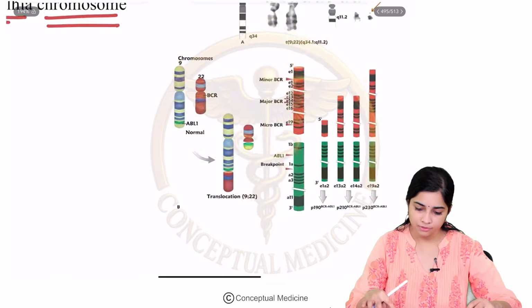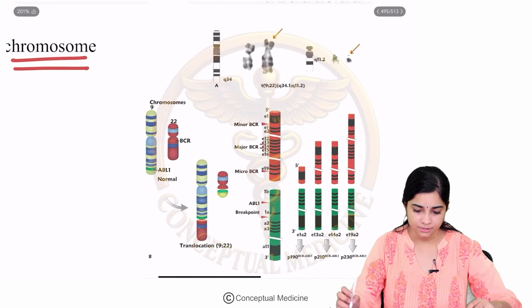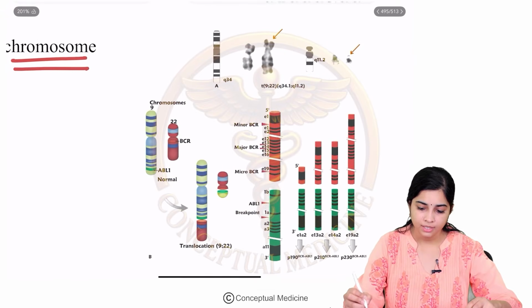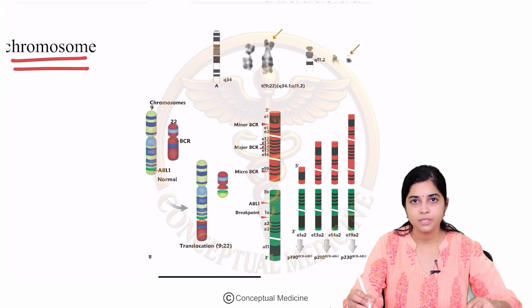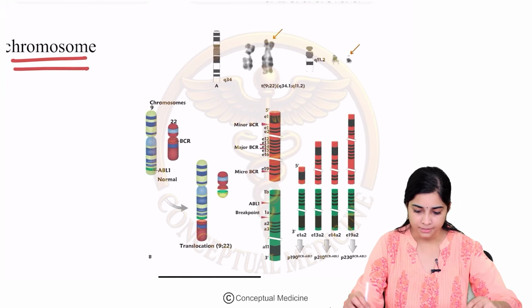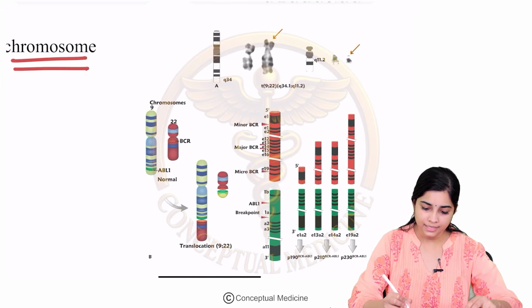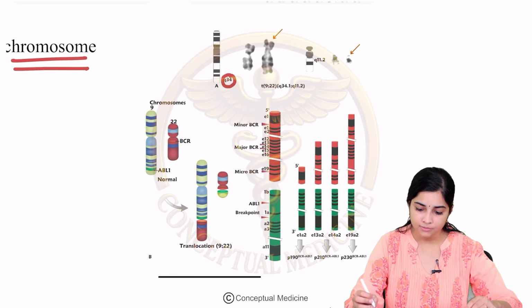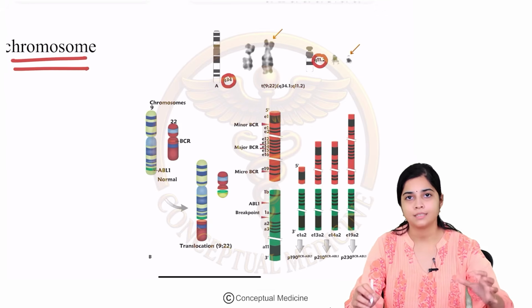If you look at this image, here you have chromosome 9 and chromosome 22. On chromosome 9 the portion is Q34, and on chromosome 22 we have q11.2, and there is a balanced translocation.